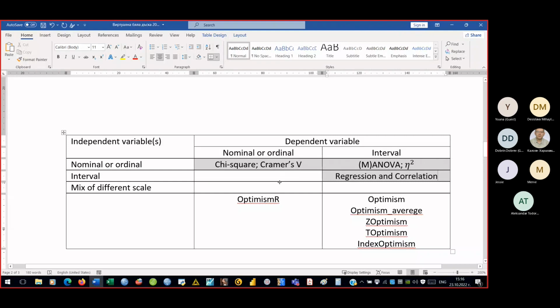But we have here 3 empty cells in this table.